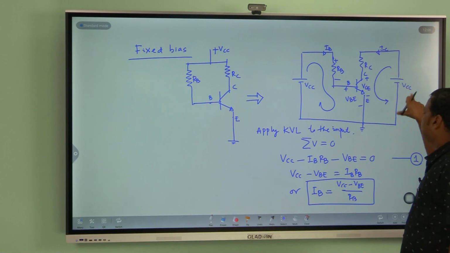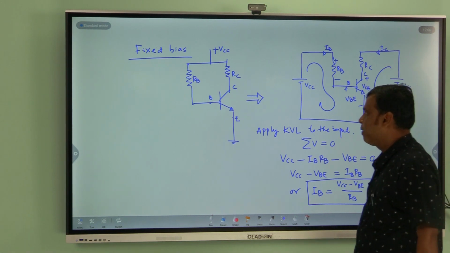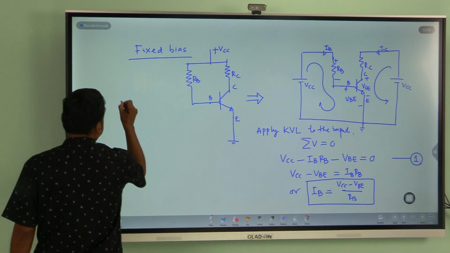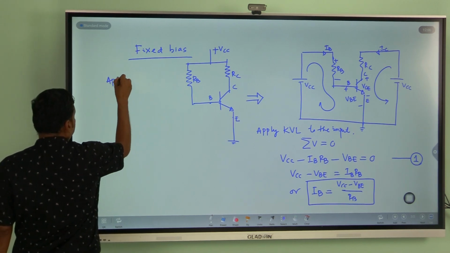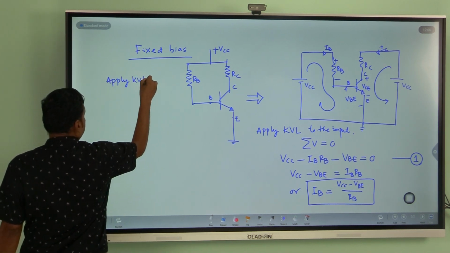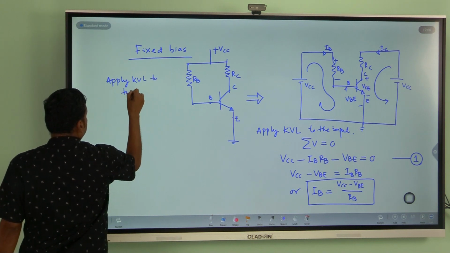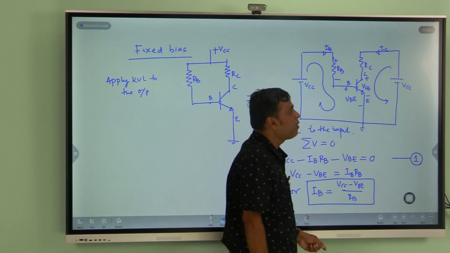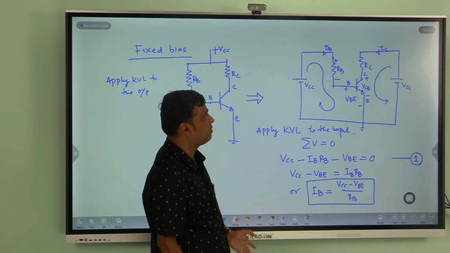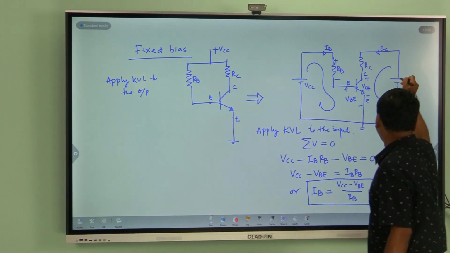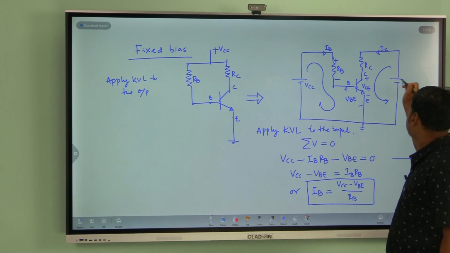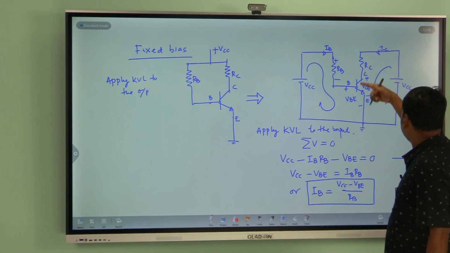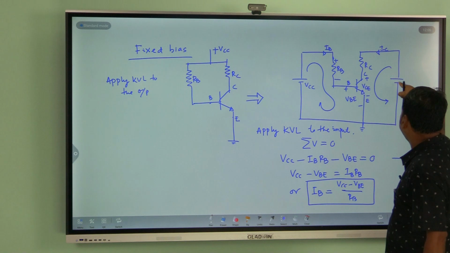Similarly, apply Kirchhoff's voltage law to the output loop. If you move from plus to minus, it is minus. Here the DC source has a minus terminal and a plus terminal. If you move in the anticlockwise direction, minus to plus, plus VCC.